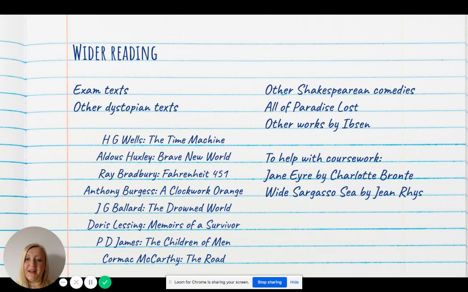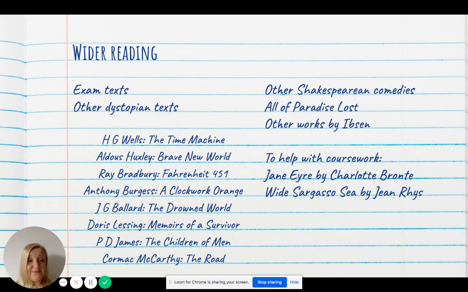Memoirs of a Survivor is a very challenging read. My favourite book on there, that's a hard one, maybe The Children of Men. The Children of Men also has the closest similarities with Margaret Atwood's The Handmaid's Tale.